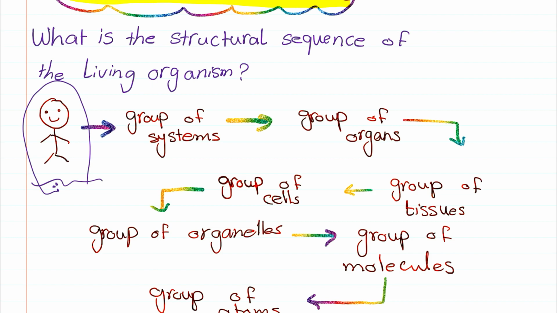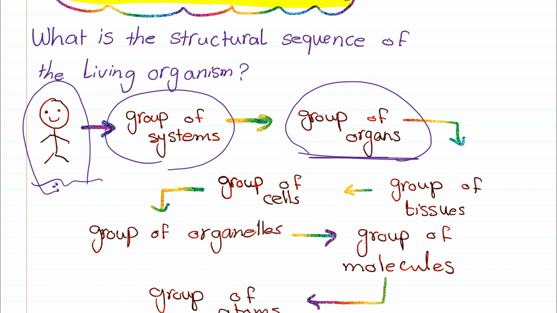So your body as a human being is formed of the digestive system, circulatory system, nervous system, and so on. Each system, if we take the digestive system as an example, is formed of a group of organs.